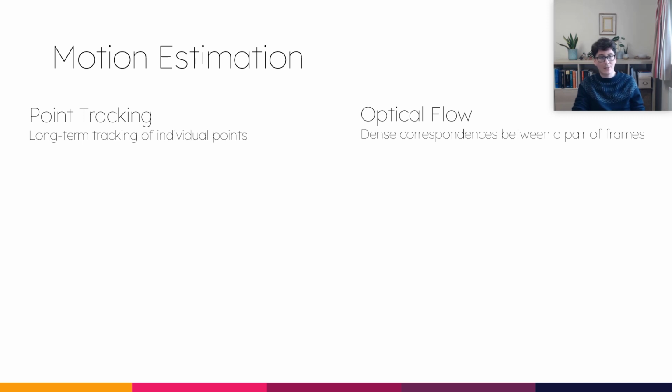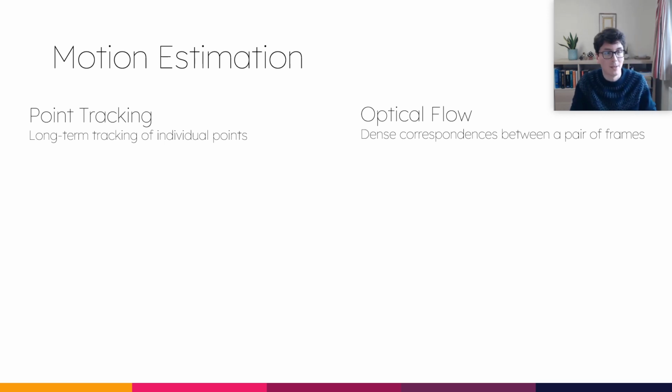Now, the difference between these two things is twofold. One is the temporal horizon. Point tracking is usually long-term tracking. You're trying to follow one point through the video as long as you can, whereas optical flow is just from one frame to the other. But the other difference is that point tracking, as it says, looks at individual points, whereas optical flow is a dense correspondence between two frames.